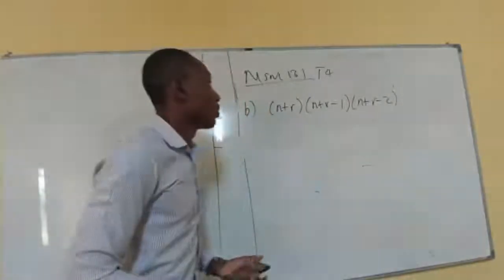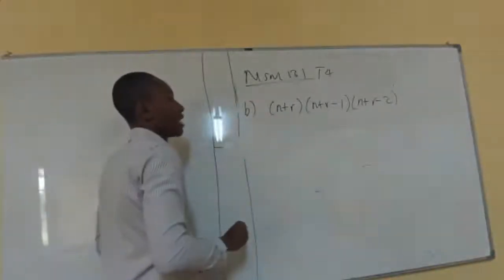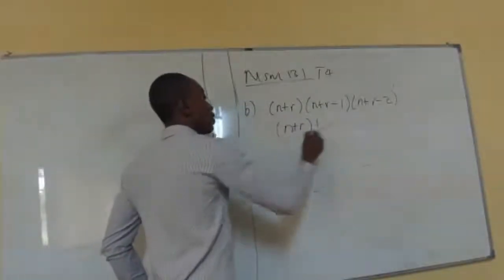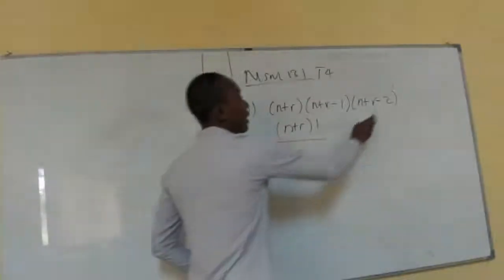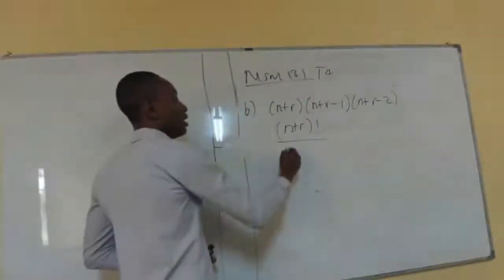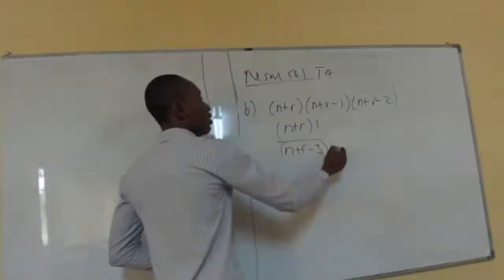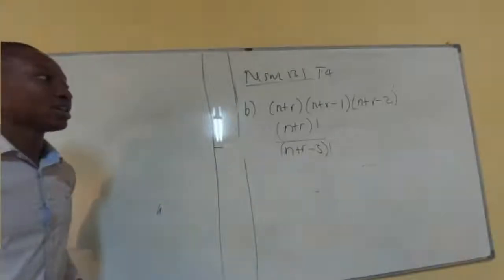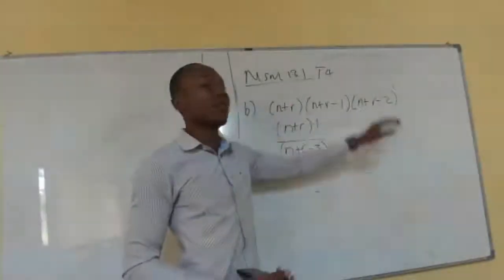We write the first part as n plus r factorial, then over, we now divide by what comes after the last one, n plus r minus 3 factorial. This is how you write it in factorial form. You always just follow the one that comes after the last one.